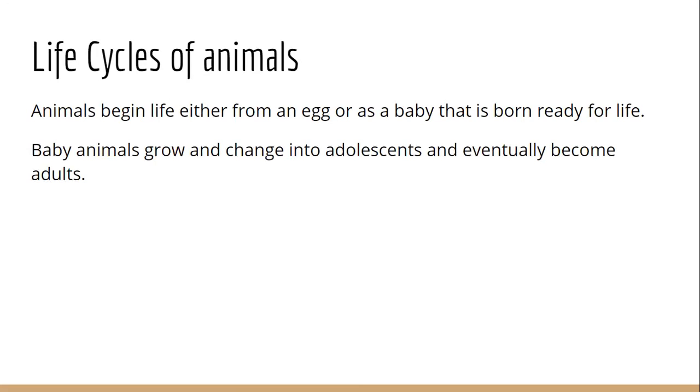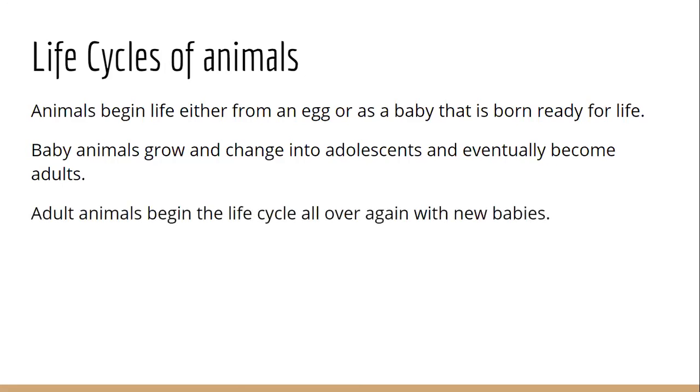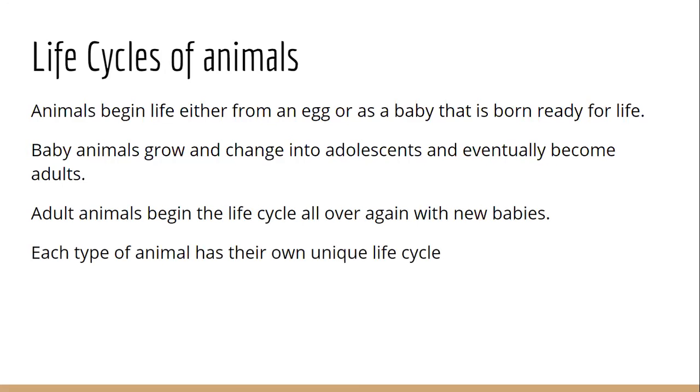Baby animals grow and change into adolescents and eventually become adults. So adolescents are like teenage years, and adults is when you're mature and fully grown. Adult animals begin the life cycle all over again with new babies. Each type of animal has their own unique life cycle.